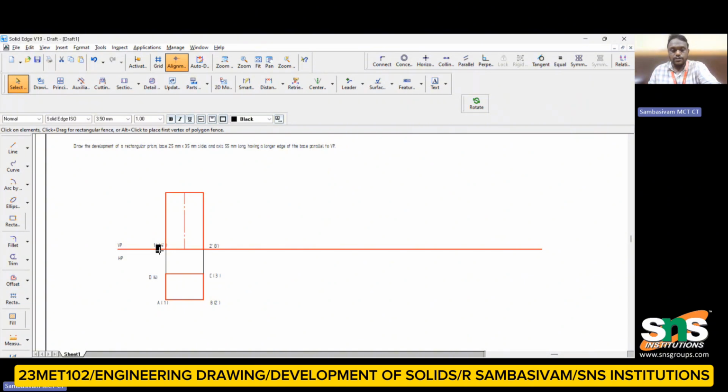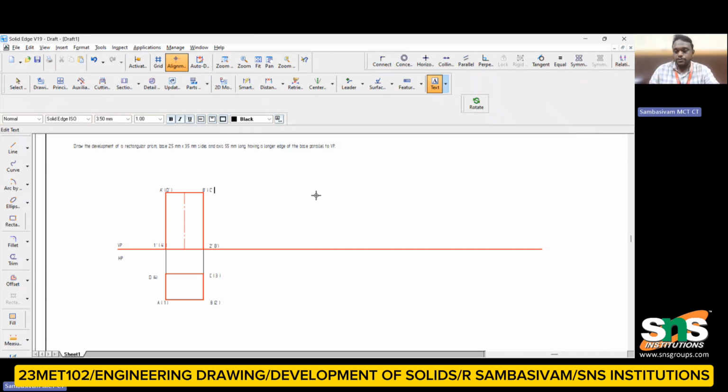Similarly, we draw this one, where we can see A dash but we cannot see D dash. Similarly, at this point we can see B dash, but we cannot see C dash.